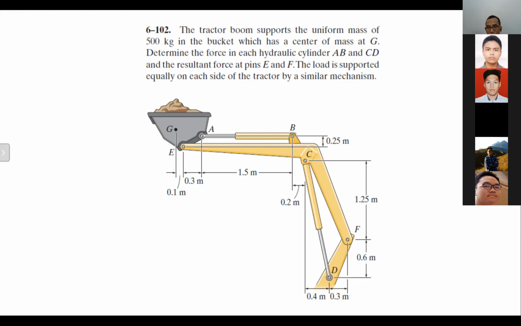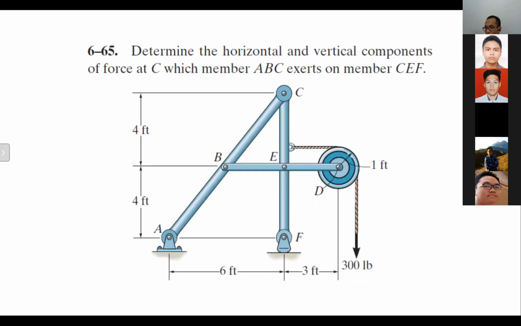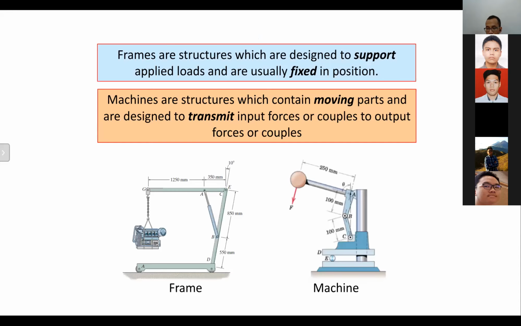Yeah, so it's actually a machine. This one is not a truss, it's a machine, because it's movable. If you want to differentiate between truss and machine, we have to go back to the earlier definition.